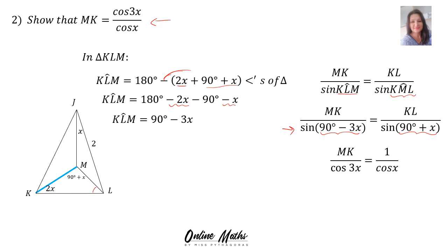So we can say MK over this sin of 90 degrees minus 3x, we can reduce it, and the name changes to cos 3x, equals, and then KL in the previous sum we calculated was 1. We can write it down there, and then the sin of 90 degrees plus x, that's a reduction formula, and that one we can reduce to cos x. And then for MK, we multiply the cos 3x away, and we end with MK is equal to cos 3x over cos x.